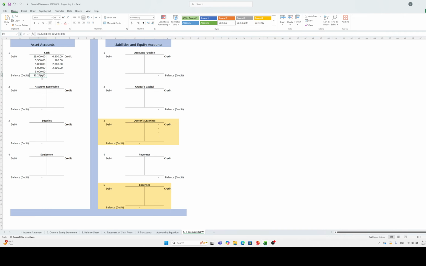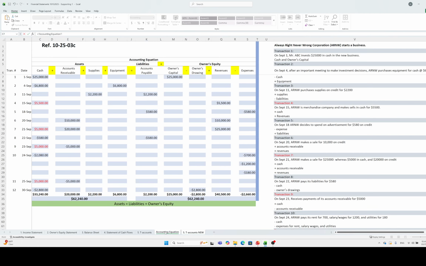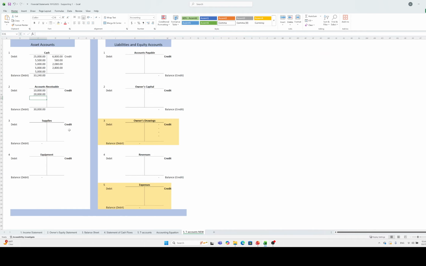So this gives us the sum of this minus the sum of this. It gives us $33,000. Now we move on to accounts receivable, because it's an asset account. So debit increases accounts receivable, credit decreases accounts receivable. Any positive value will come on the debit side. So it started with 10,000, then 20,000.